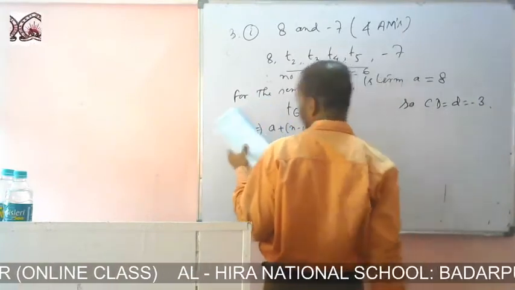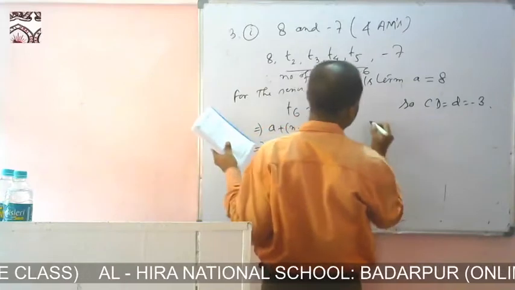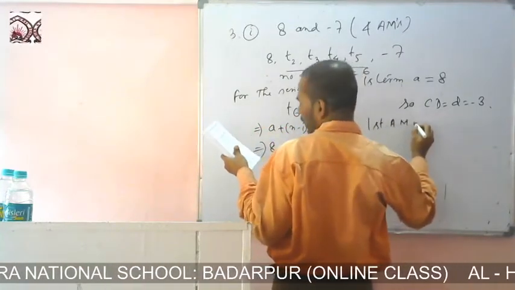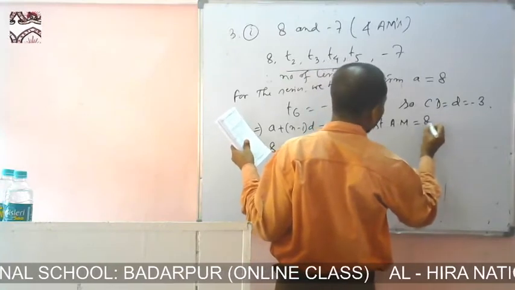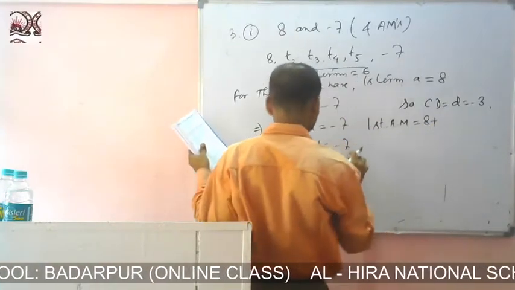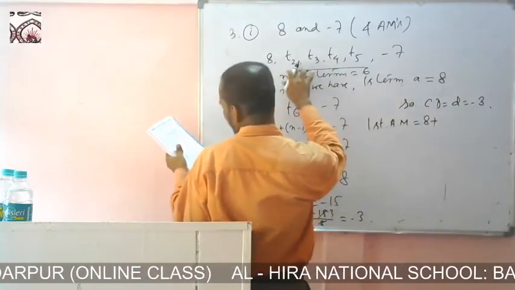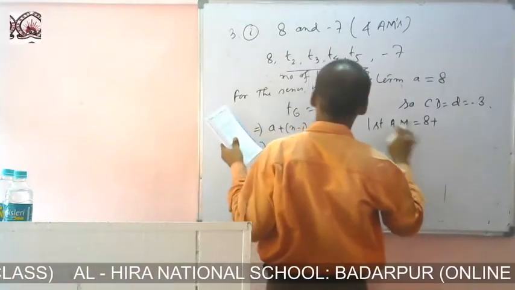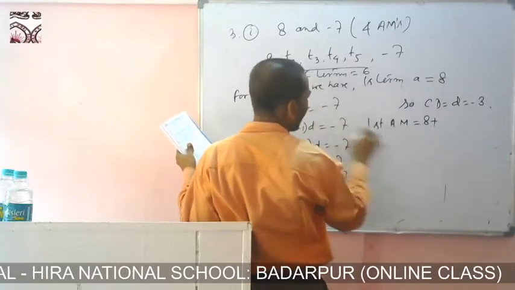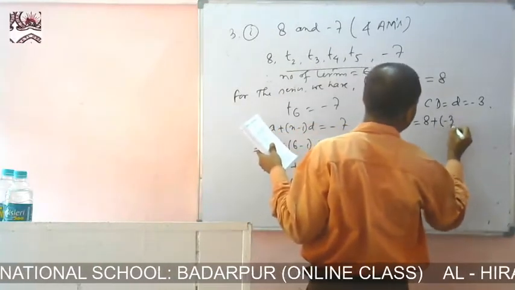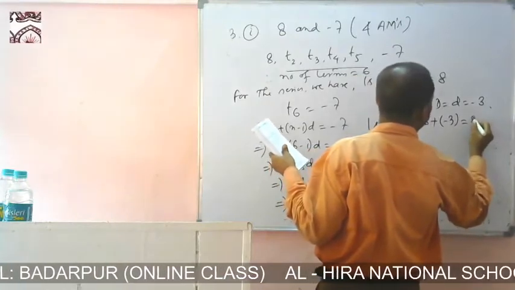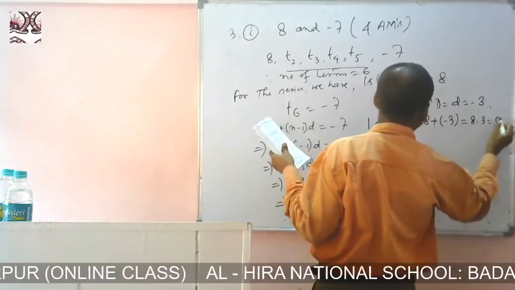So the first arithmetic mean will be the first term plus the common difference, 8 minus 3, which is 5.